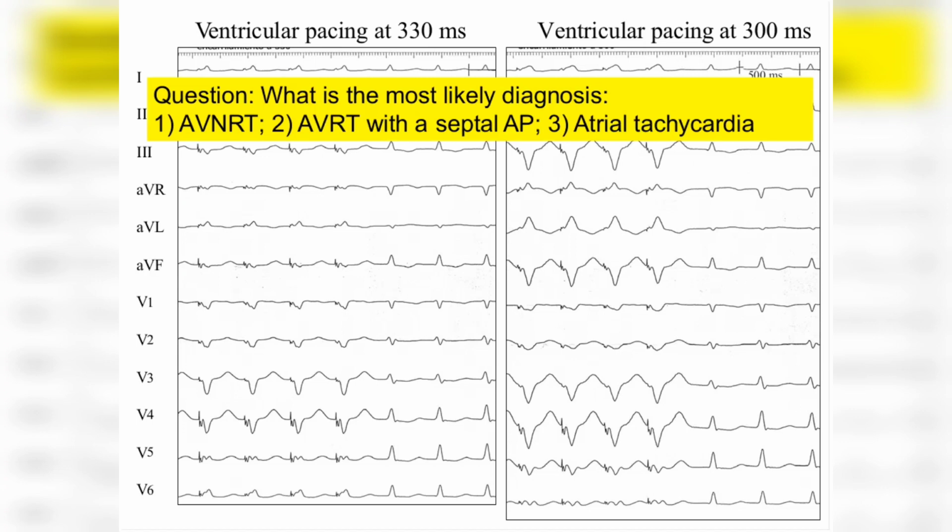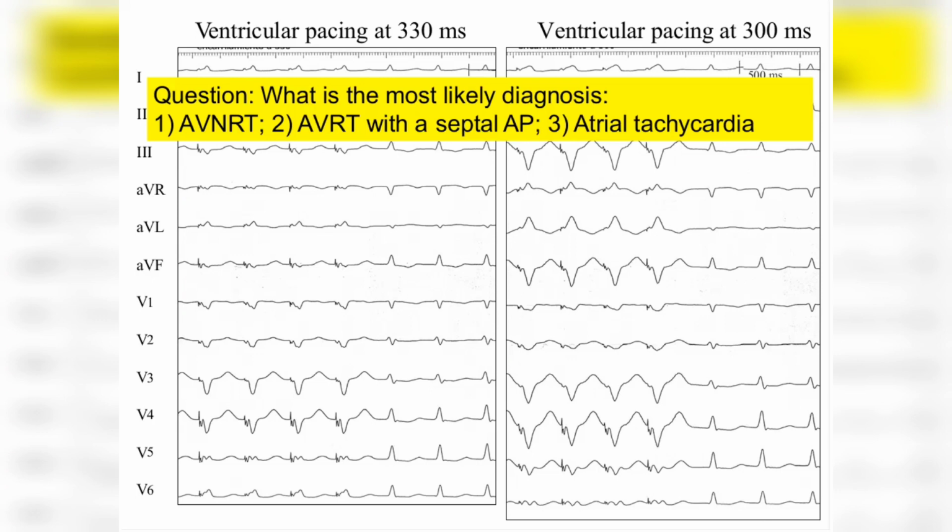Please vote for one of these 3 diagnoses that you think explains the findings that you can see in the tracings. It's interesting that for this criterion, you don't need to see any intracardiac electrogram. I'm not showing you any. I am showing you only the surface ECG. It's interesting, isn't it? You can tell just by looking at the surface ECG.